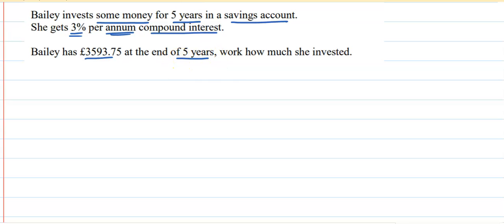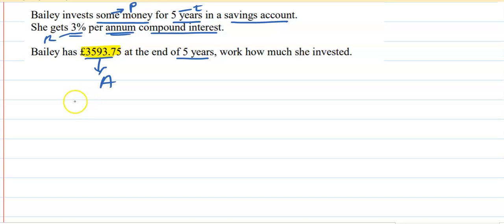So at the end of 5 years, definitely this is amount. Some money she has invested, so this will be principal, this will be time T, and this is your rate of interest R. So everything is given. At the end of 5 years, we need to write the same formula 5 times.